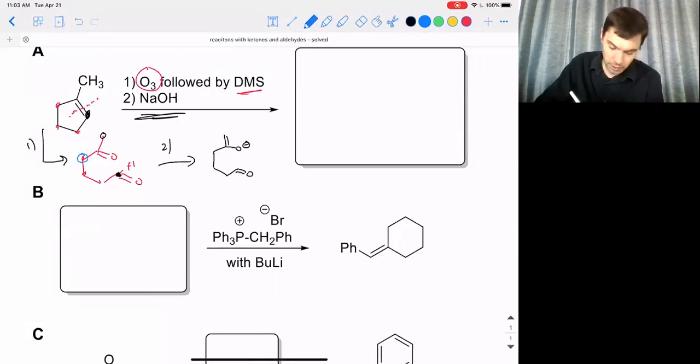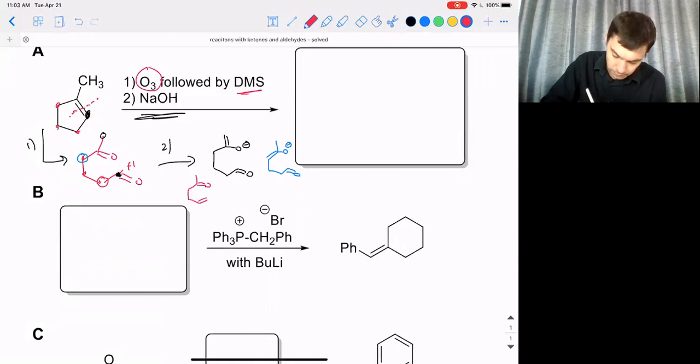So we can have this enolate. And then, believe it or not, we can also have this position on the aldehyde being enolate. And so there's actually 3 different potential enolates from this problem.